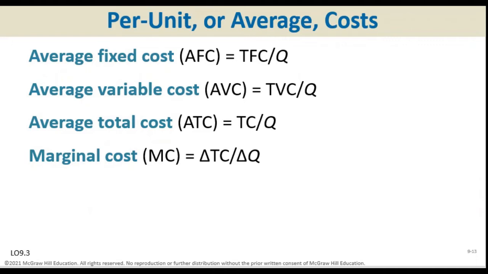The marginal cost here is very important for the firm to know. It's a very important decision-making tool for the firm, right? Why? Because it shows you how much you need to produce before the cost starts increasing.